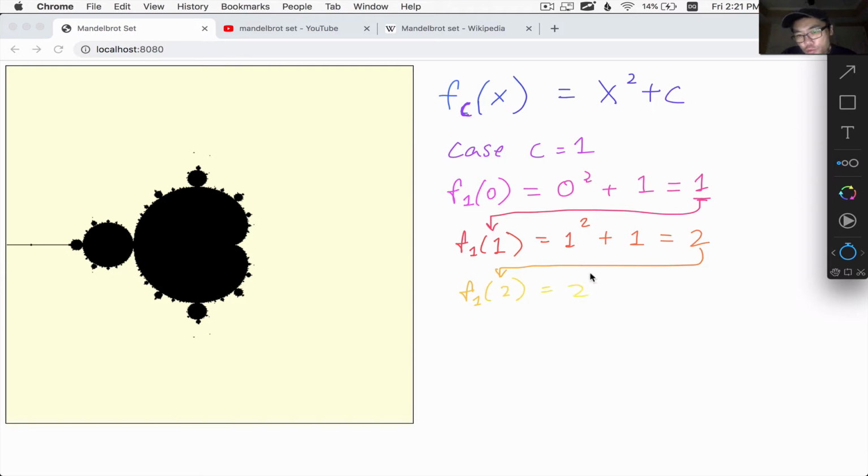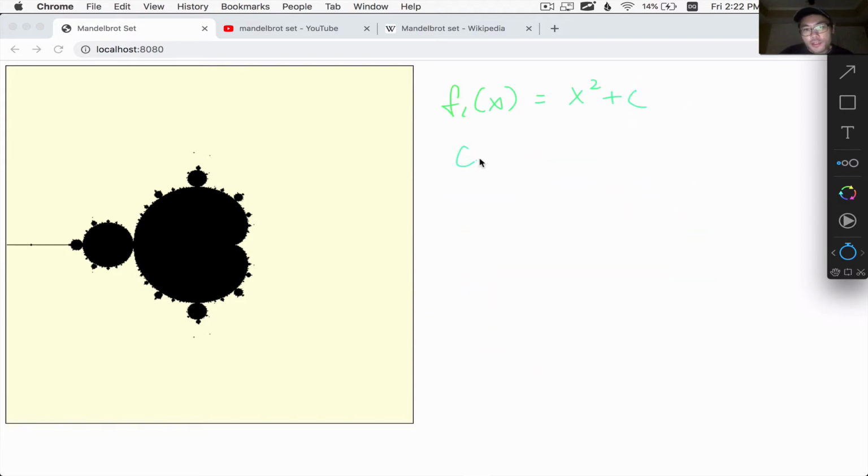We're going to end up with 2 squared plus 1, which is 5, and so forth. You can kind of see the trend here, which is that this number is going to get very, very large. So that's one case. Let's try another case.